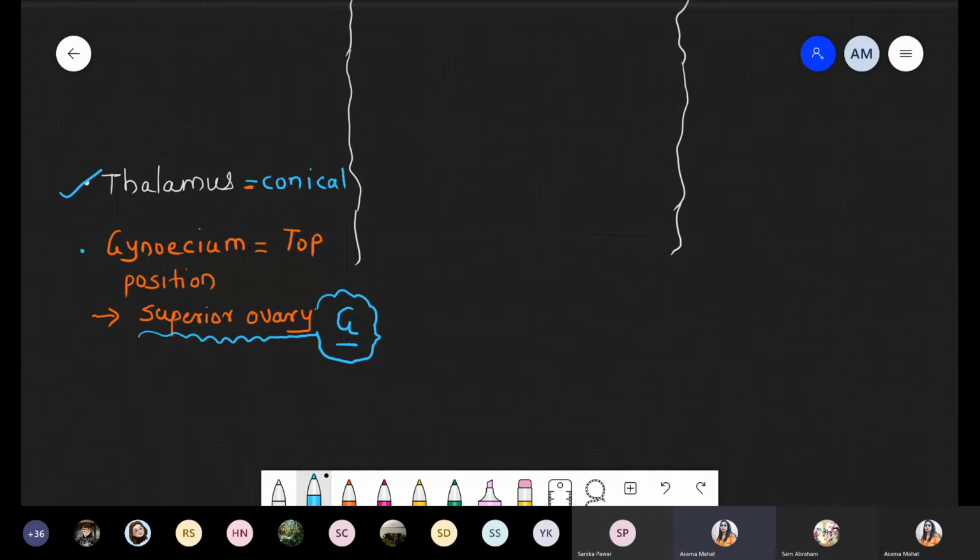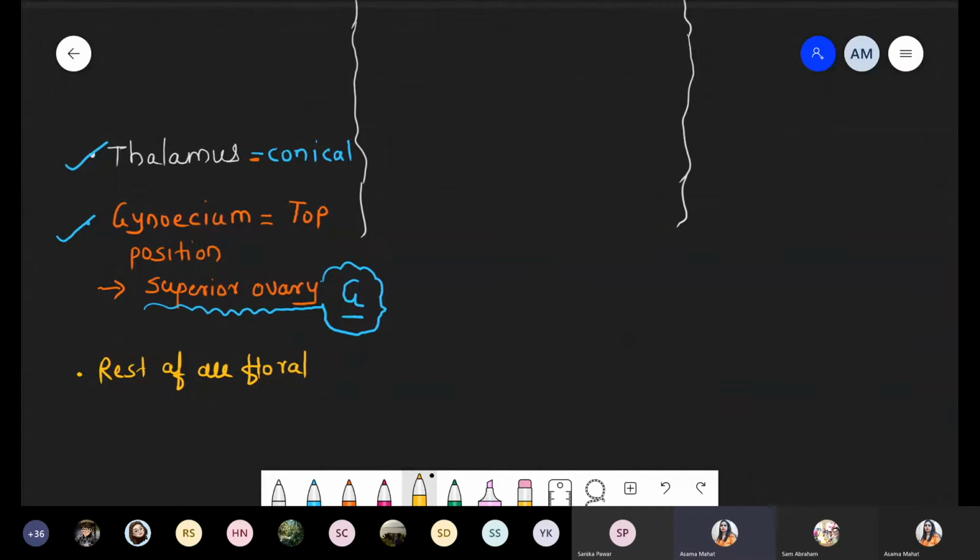Thalamus, first of all, we are talking about the conical shape, right? Now the second part is gynoecium. Gynoecium is present on the top position, and the type of gynoecium is the superior ovary. And the next and last point: the rest of all floral parts, meaning sepal, petal, androecium, except gynoecium.